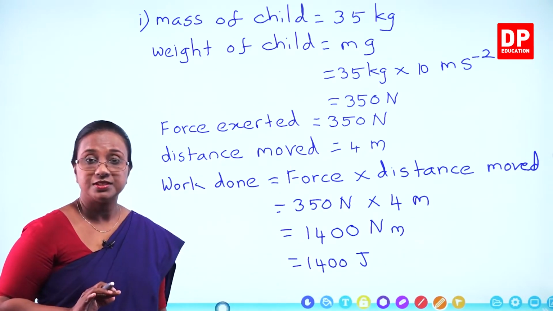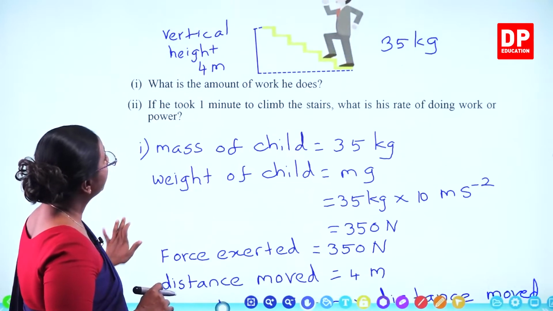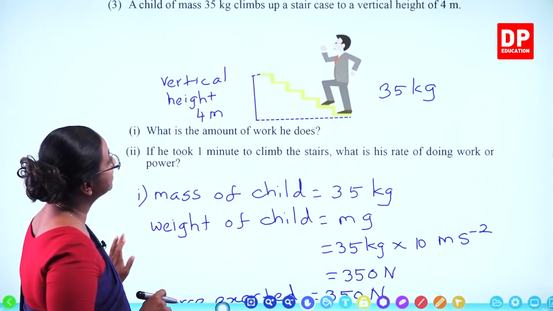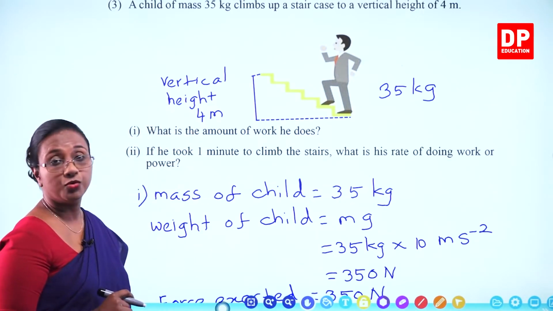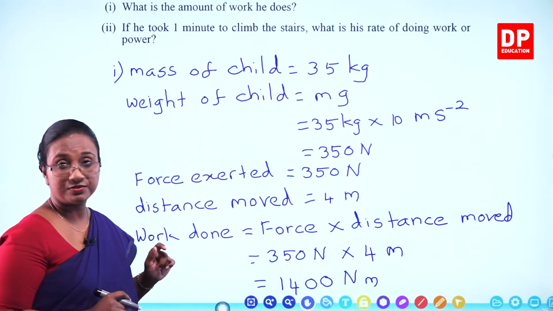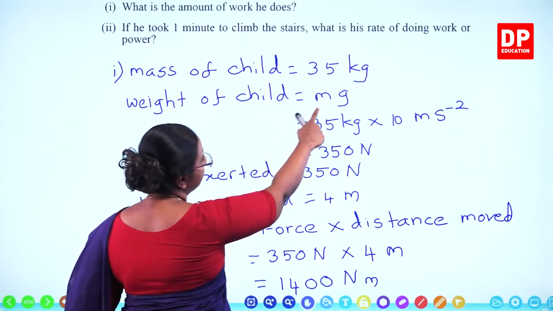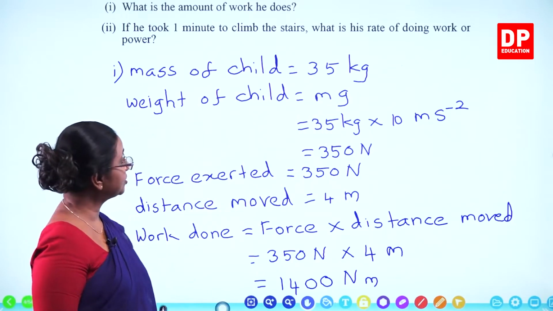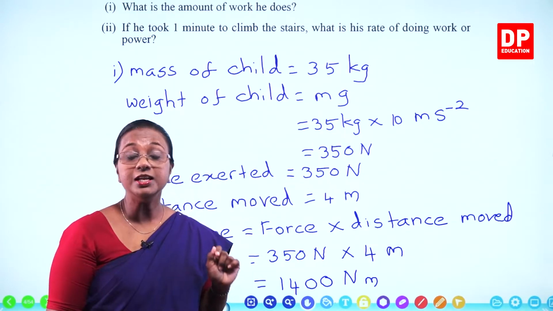Is that clear, student? So the work done. Again, if we look at it, although the child is climbing up the stairs like that, 35 kilogram mass, vertical height is 4 meters. So to calculate the work done, we know the mass of the child, 35 kilogram. Weight of the child needs to be calculated, mass into gravitational acceleration, that is 35 into 10, 350 Newton.